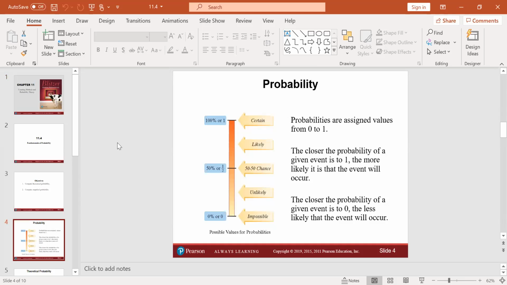So probability must range between 0 and 1 if you express it as a decimal. And as a percent, that's obviously 0% to 100%. You can't do better than 100% chance. Even if someone says, I'm going to give it 110%, that doesn't really truly mean anything. It just means they're going to give it their all.